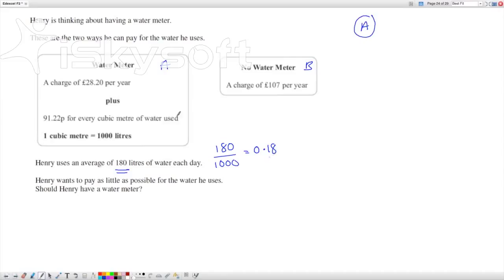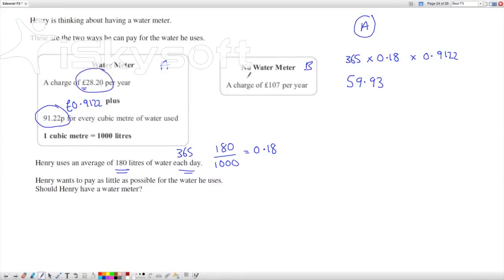Now, the charge for each one of them, changing that into pounds. We've got pounds here, so we change this to pounds as well. So 0.9122. Keep the two 2s to keep it accurate. And then for each day of the year, so we've got 365 days. So our costing for A is going to be 365 days times the cubic metres per day times the cost per cubic metre in pounds is going to give us our value of £59.93.